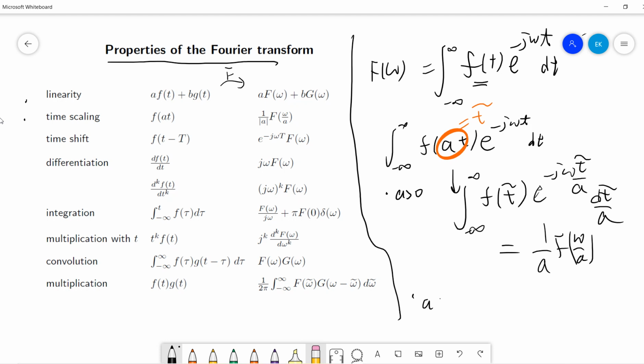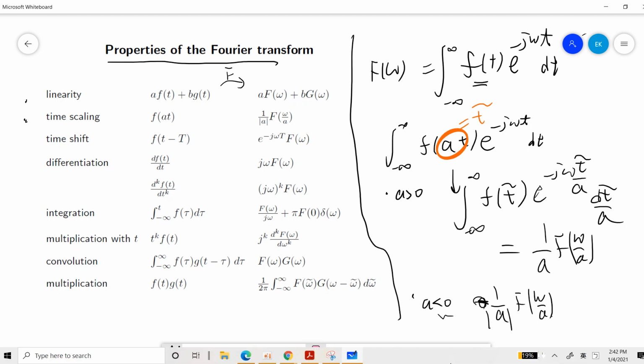If a is negative, then the limits will be negative infinity to positive infinity, so there will be a minus sign. So you will get this. But be sure that since a is negative, this is basically this. So we have proved this.